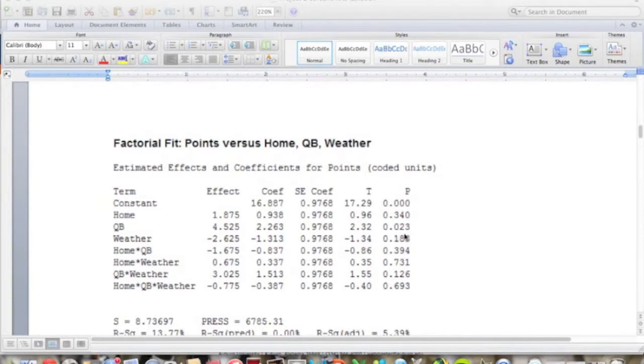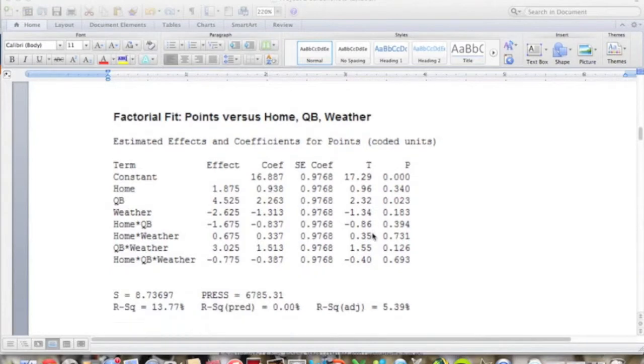This p-value is very small, which allows us to believe that the starting quarterback plays a key factor in the Falcons scoring more points than when they have their non-starter in.